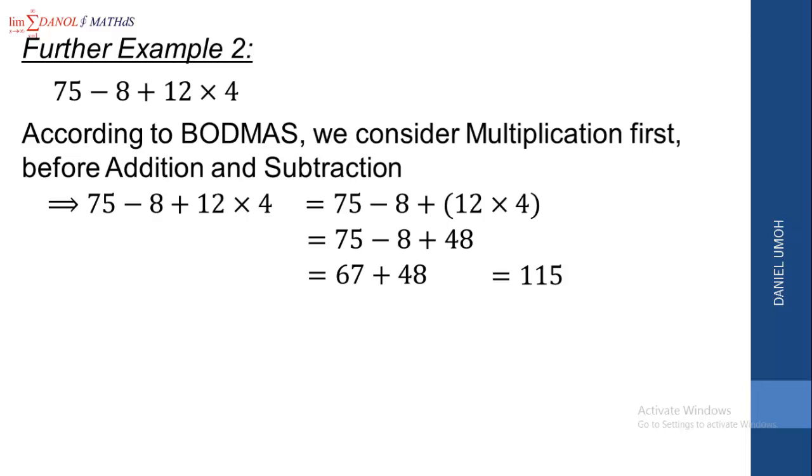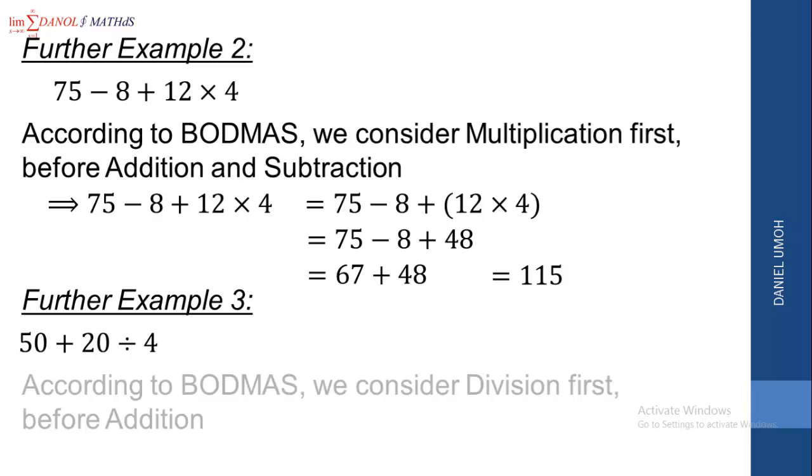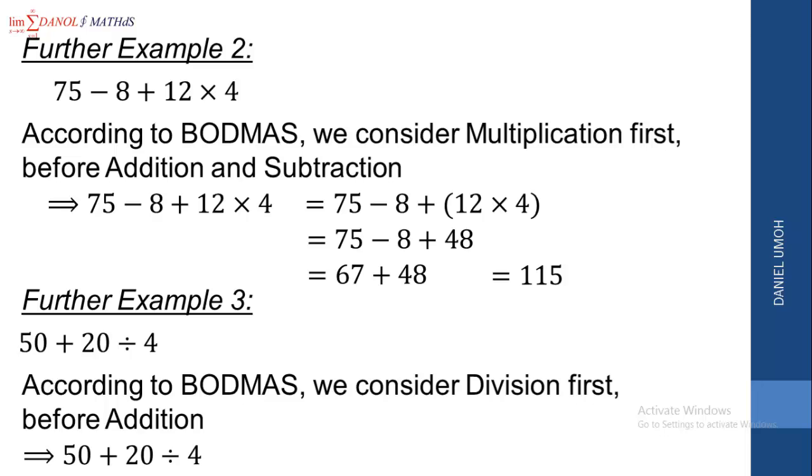Okay. One example again. Example 3. It says 50 plus 20 divided by 4. Of course, this is made up of what? Addition and division. So according to the BODMAS rule, we consider division first before what? Addition. So what do we have? This implies that 50 plus 20 divided by 4 is equals to, we have to consider division first.